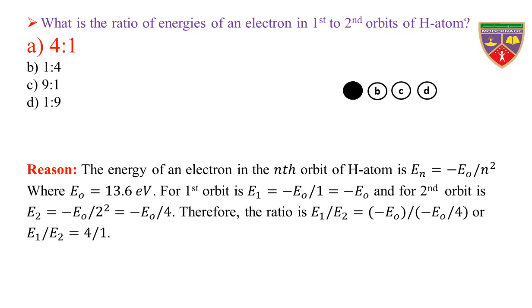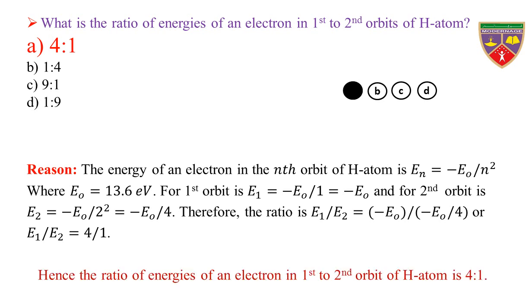And for the second orbit, E2 is equal to minus E0 divided by 2 squared, which is equal to minus E0 divided by 4. Therefore, the ratio E1 to E2 is equal to minus E0 divided by minus E0 divided by 4, or E1 to E2 is equal to 4 to 1. Hence, the ratio of energies of an electron in the first to second orbit of a hydrogen atom is 4 to 1.